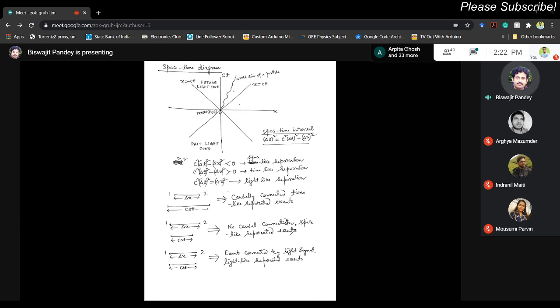So suppose you boost to a frame, so in this frame there is a clear time order, right? This is happening first and then this is happening, right? With time order along the time axis, they are at different location, so this one is first and this one is next.